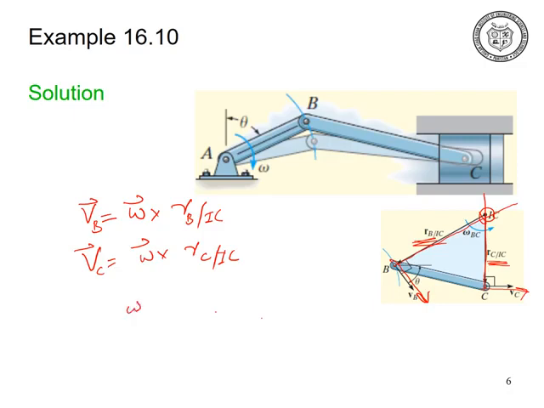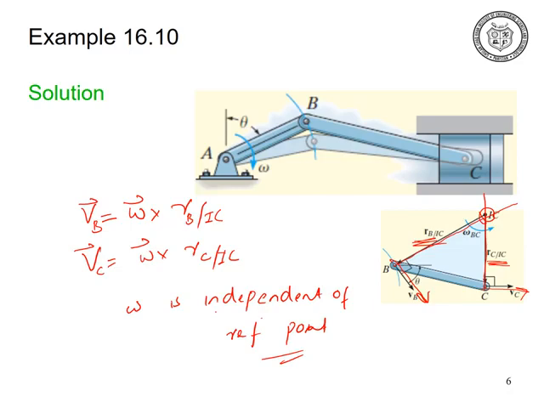So omega is independent of the reference point. This is what the instantaneous center of zero velocity means: the rod BC rotates about this instantaneous center of zero velocity, with position vectors RB with respect to IC and RC with respect to IC from the two particles B and C, and with an angular velocity omega.